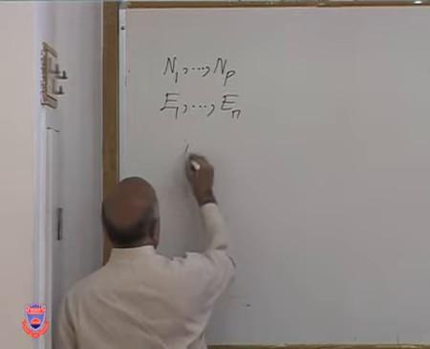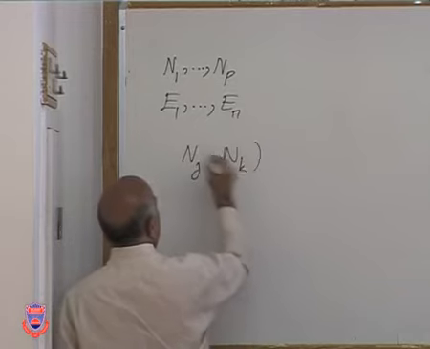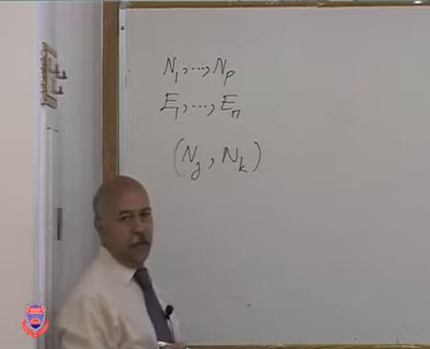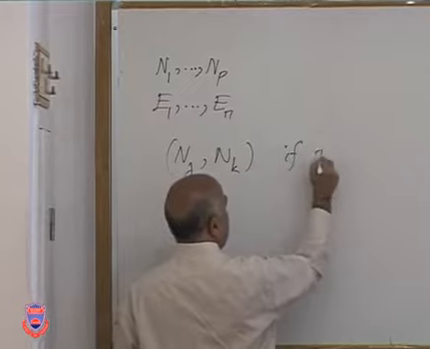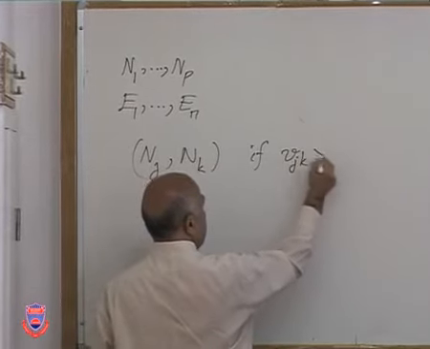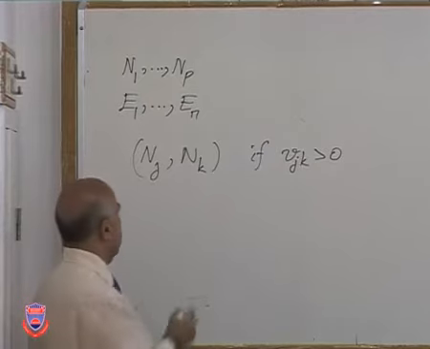And then you connect the node pair Nj and Nk with an undirected arc if there's an interaction. In other words, if this is a positive weight. If it's zero, you don't connect. You don't put an arc.